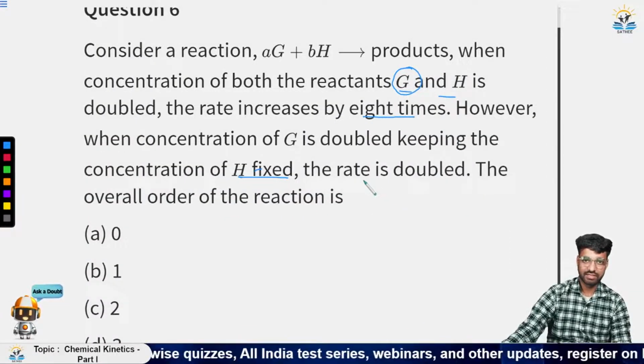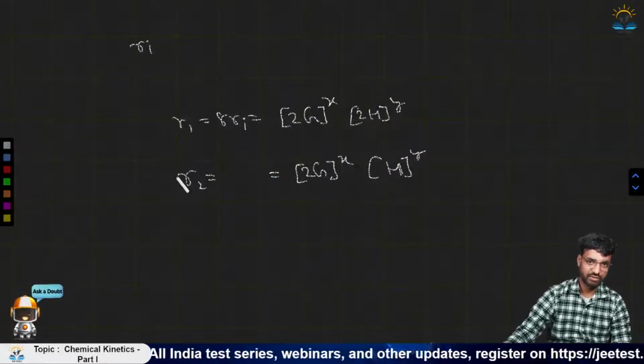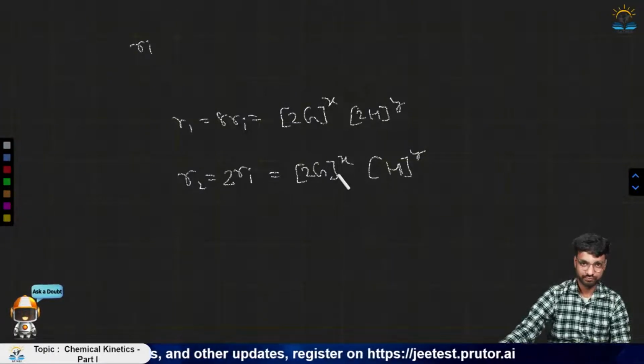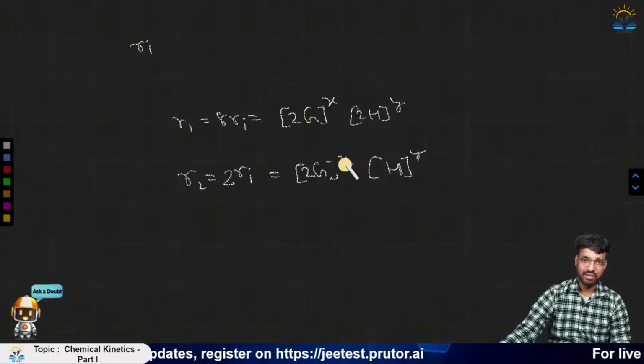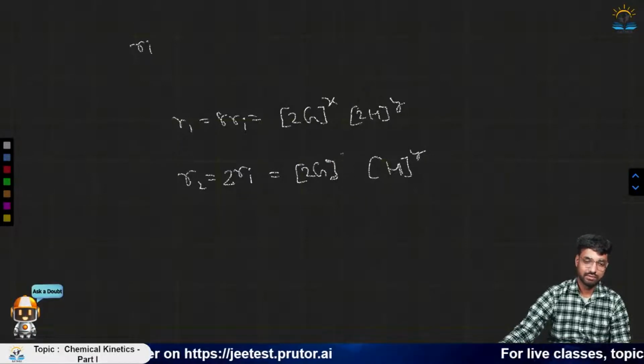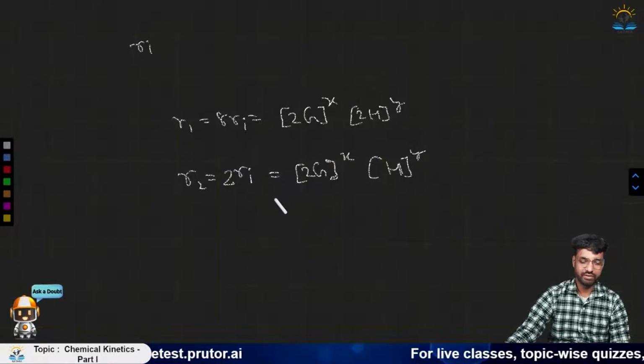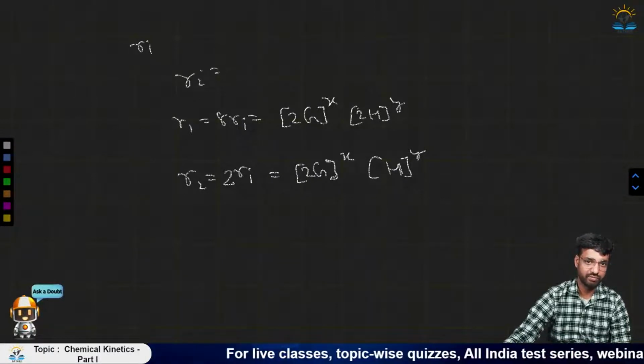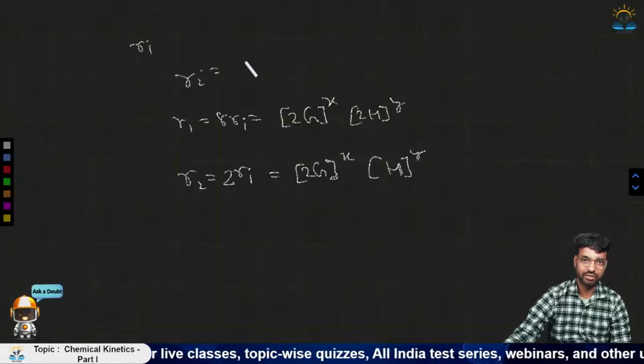The overall rate of reaction is doubled. So we can say that it is initial to the power 2. This means that this thing here is equal to 1. Why? Because if we are doubling this, if we write the first initial rate law, it will be, I'm not considering the rate constant here.